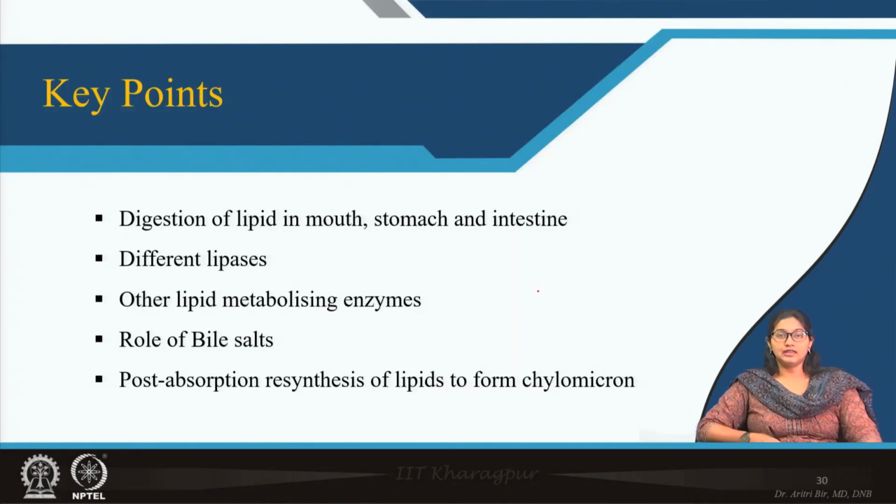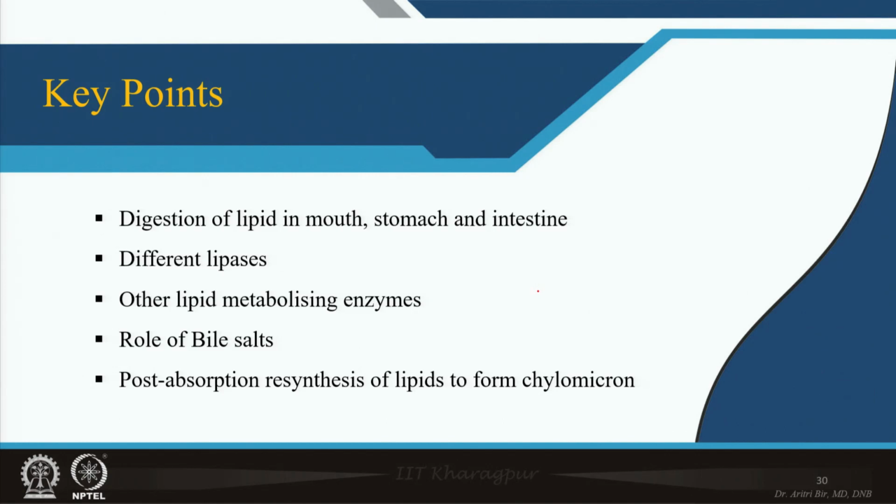So, in these sessions the key points which have been discussed are how lipids are digested in different levels of GI tract like mouth, stomach and intestine with the help of different enzymes like different lipases as well as other lipid metabolizing enzymes like phospholipase and cholesterol esterase.